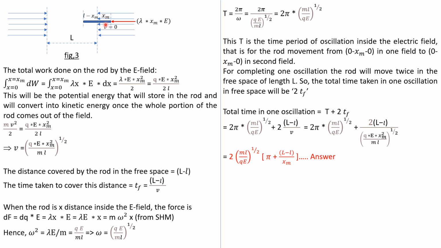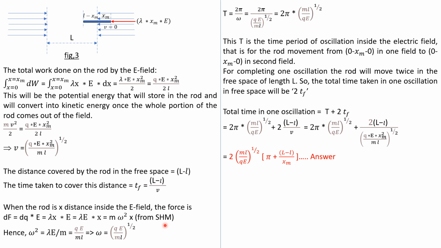Now, when the rod was x distance inside and you wrote the force equation, dq into E, lambda x into E, you can easily see that force is proportional to the displacement of the rod inside this field. X is the displacement, lambda is constant, E is constant. So this kind of motion, you must have read, is simple harmonic motion.